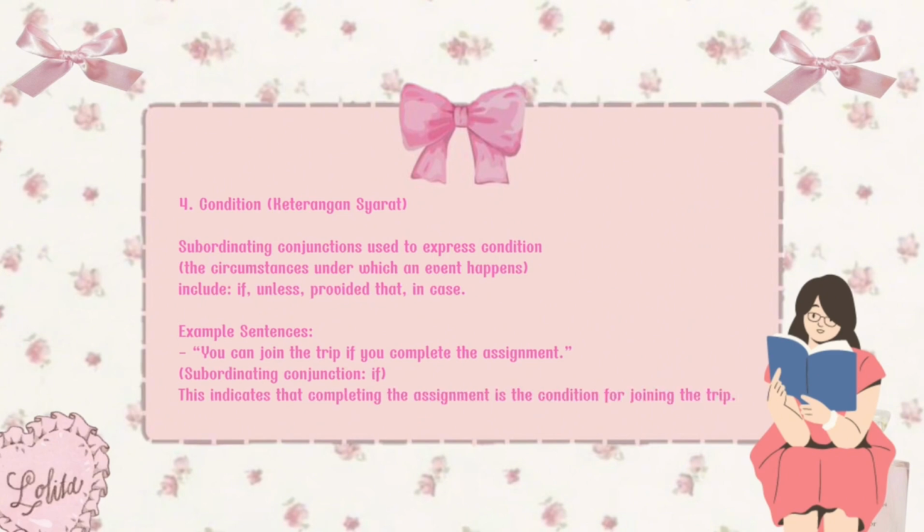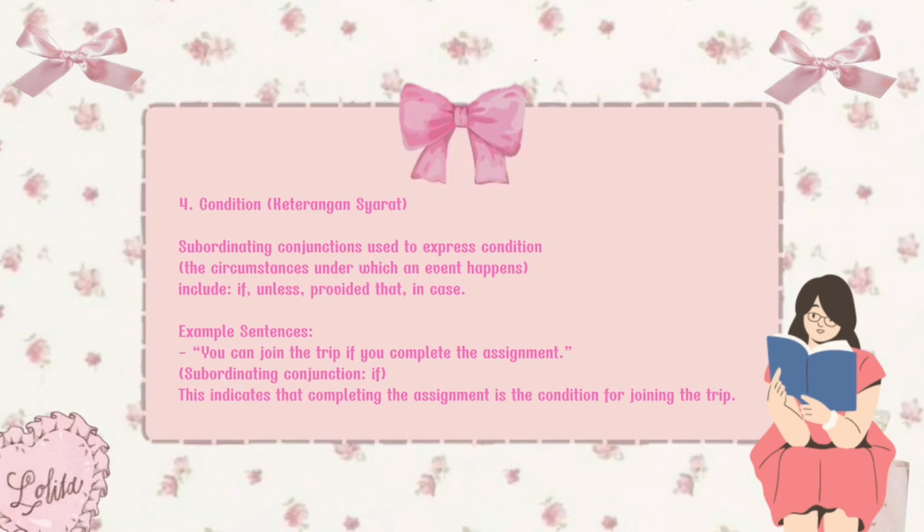Subordinating conjunctions used to express conditions, the circumstance under which an event happens, include if, unless, provided that, and in case. These conjunctions link the adverb clause with the main clause and express the conditions that must be met for the action or event in the main clause to occur.